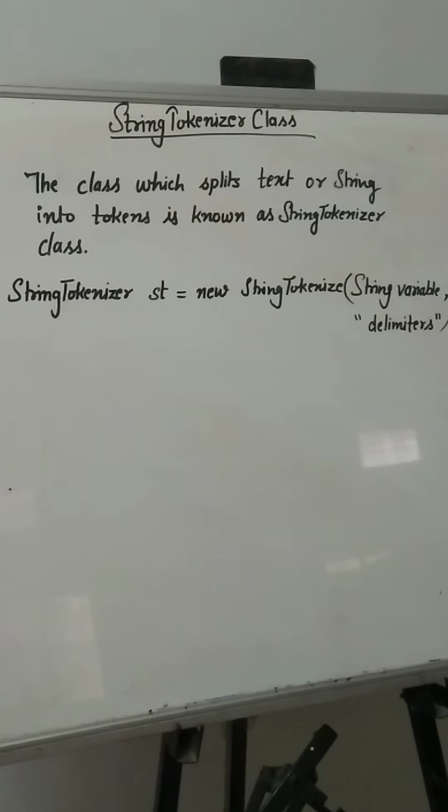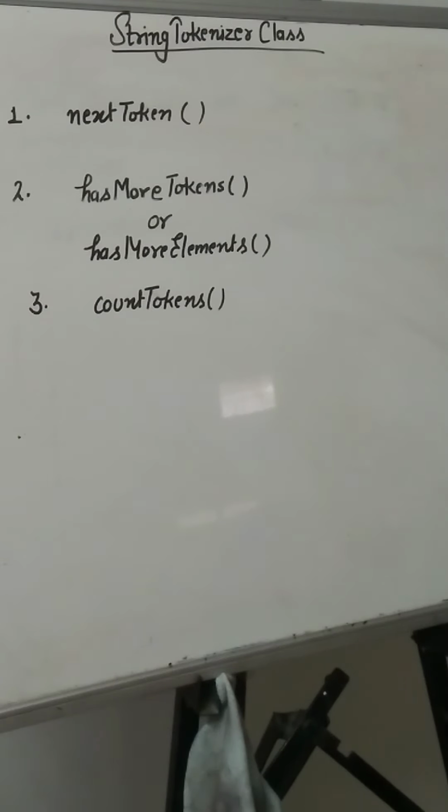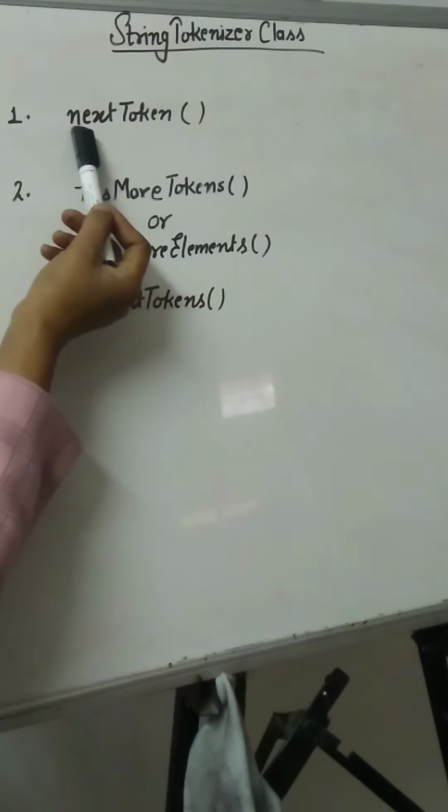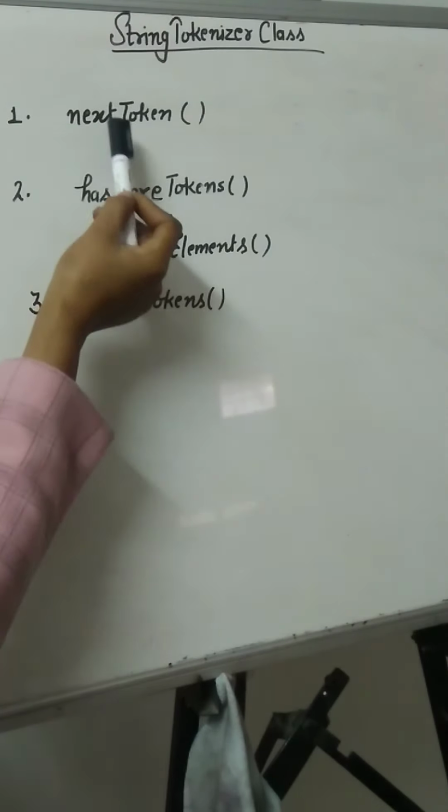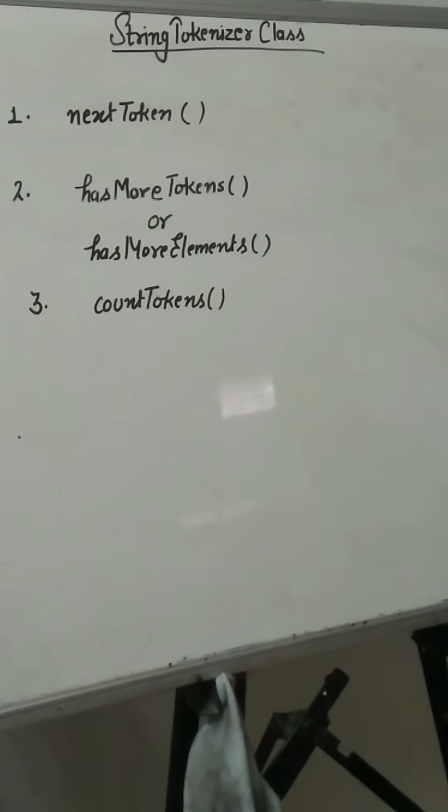Let's see some functions of the StringTokenizer class. Your first function is the nextToken function. You can see here how to write nextToken: next is small letter and without space T is capital letter. You know that Java is a case-sensitive language, so we have to use it the same way.